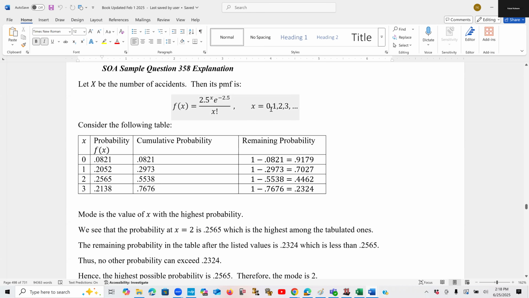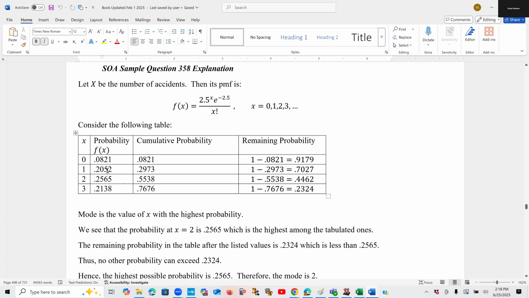The minimum number of accidents is 0, then 1, 2, 3, and so on. And at each point, we will find the cumulative probability, and that will give us how much probability is left over to work with. So at one point, the leftover probability would be low enough so as to tell us what the mode is.